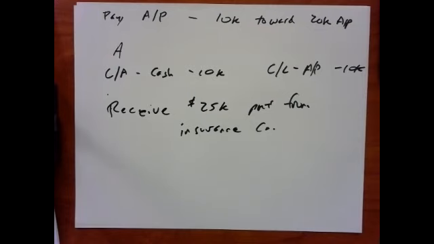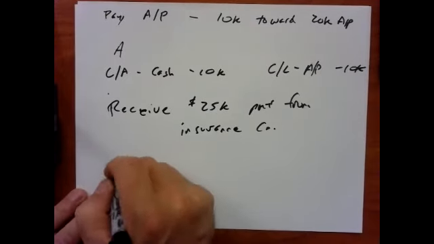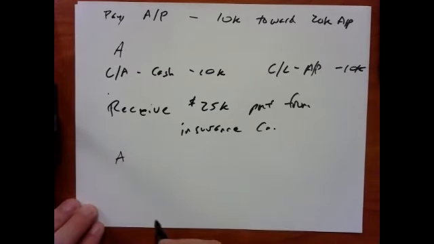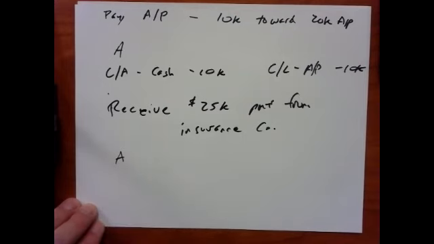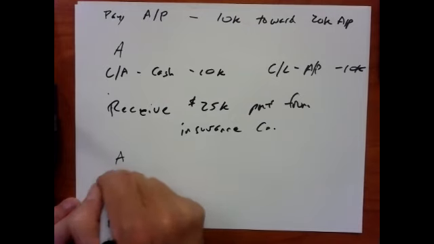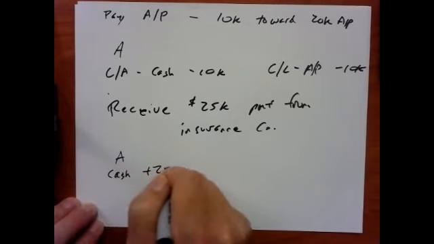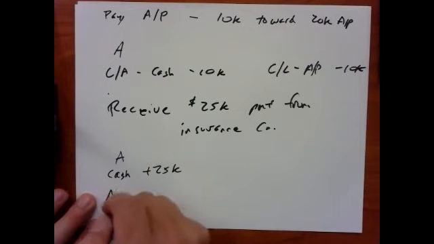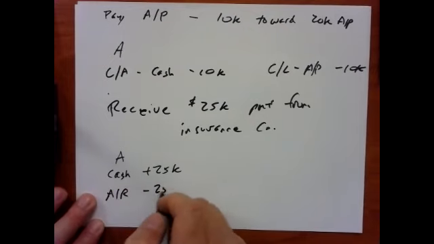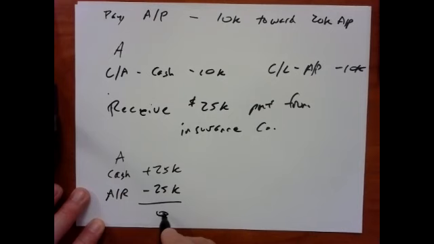On the asset side, I've received a check in the mail. I deposit it into my bank. What happens? Cash goes up, right? At the same time, accounts receivable goes down by 25,000.